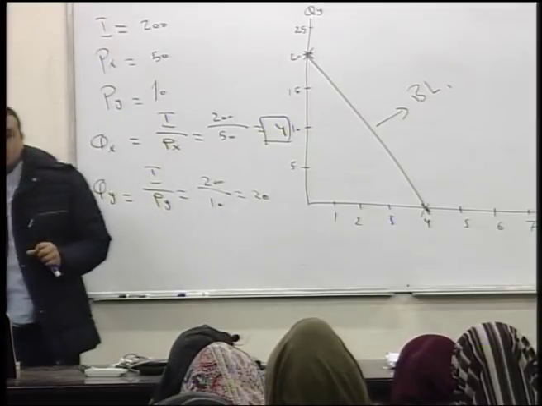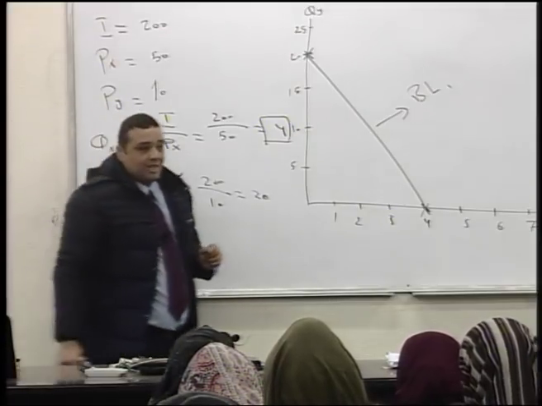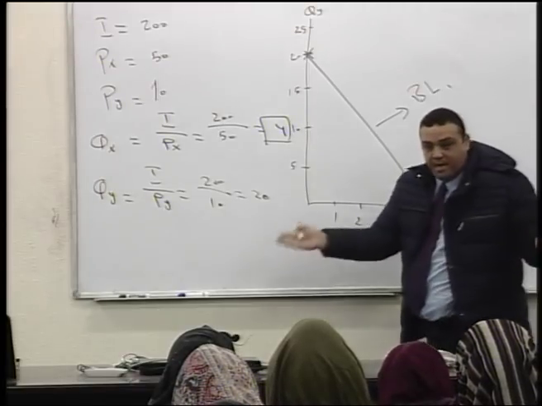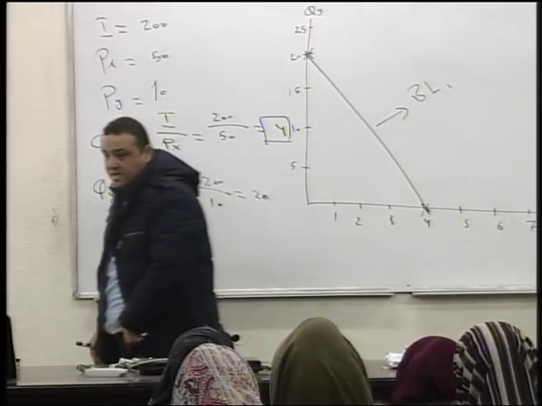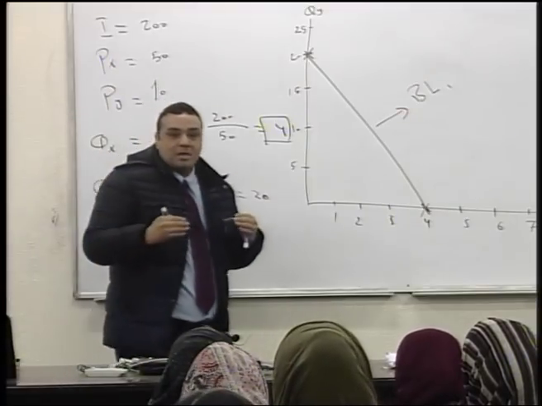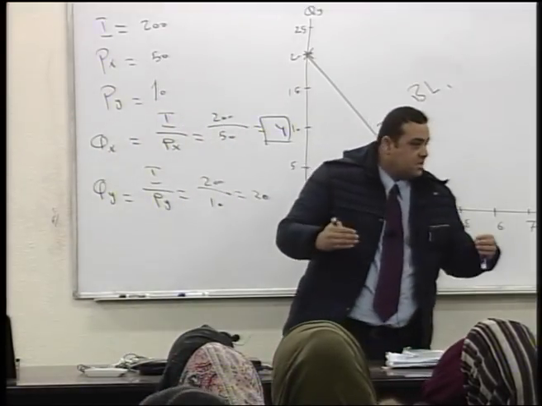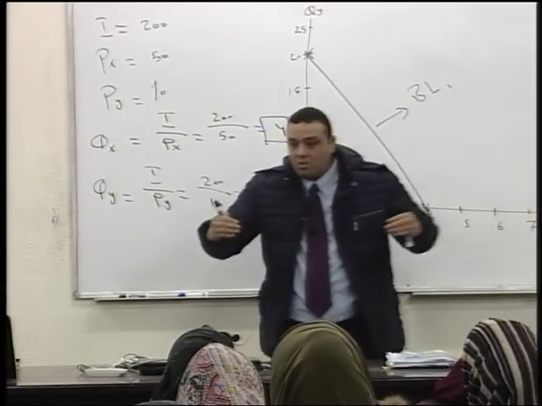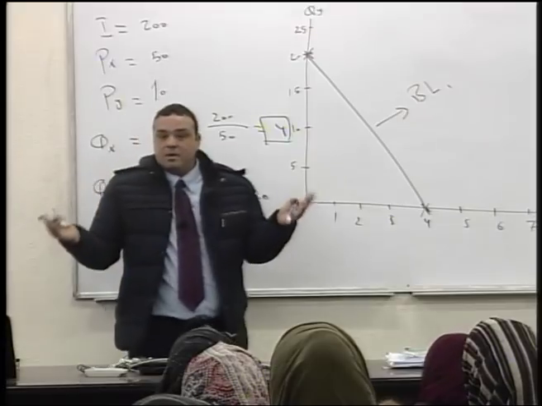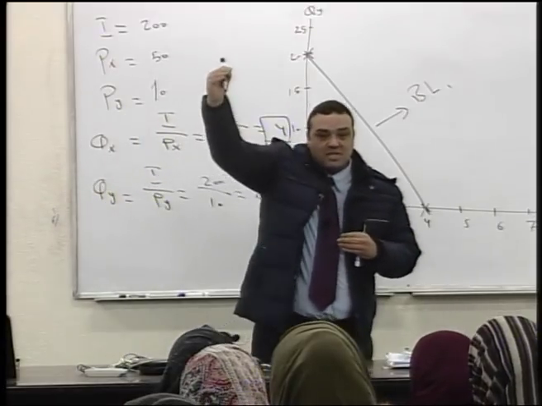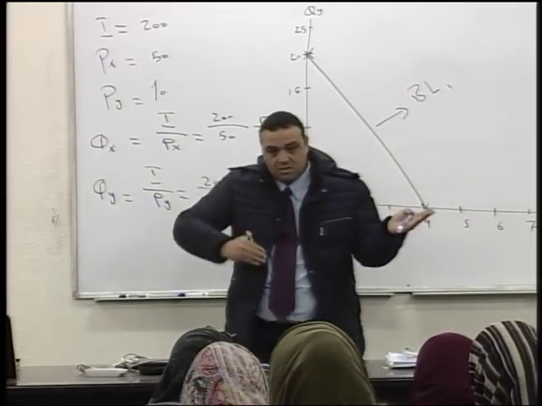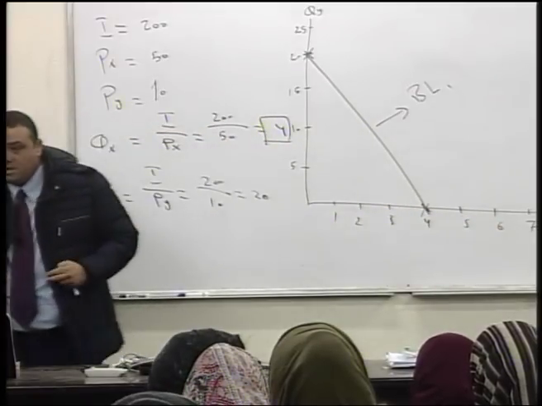We said also that the budget line is sensitive to the consumer's income and the change in the prices of X and Y, which means: what will happen to the budget line if the consumer's income goes up or goes down, and what will happen if the price of X goes up or goes down, or if the price of Y increases or decreases?